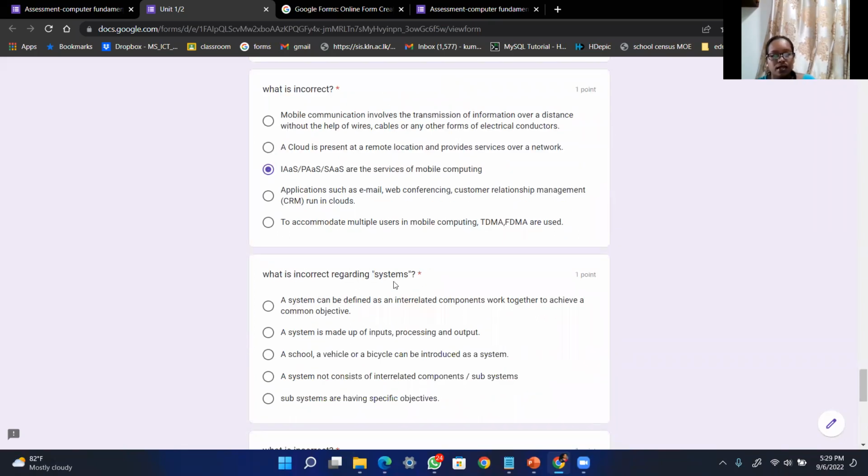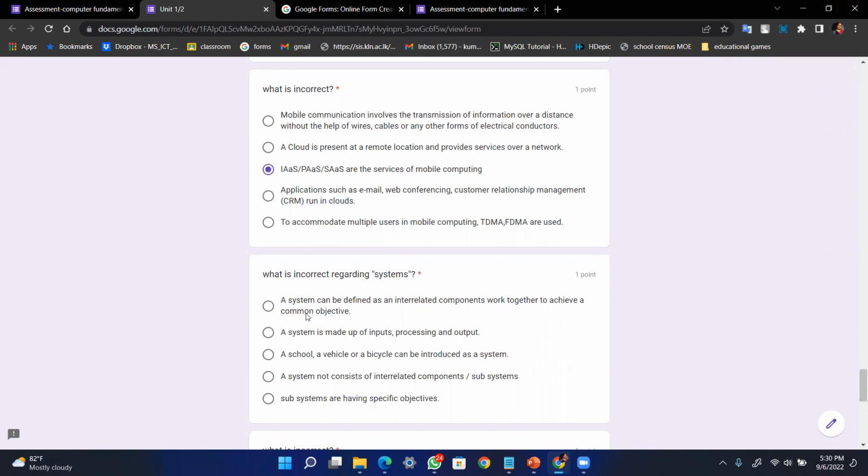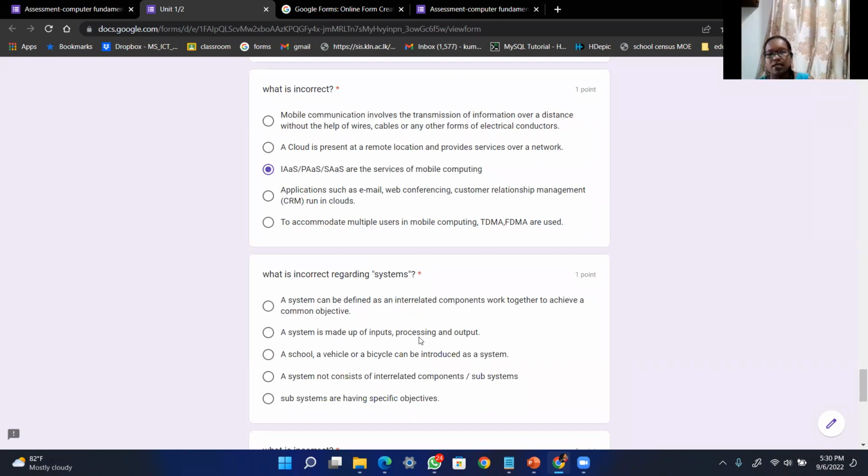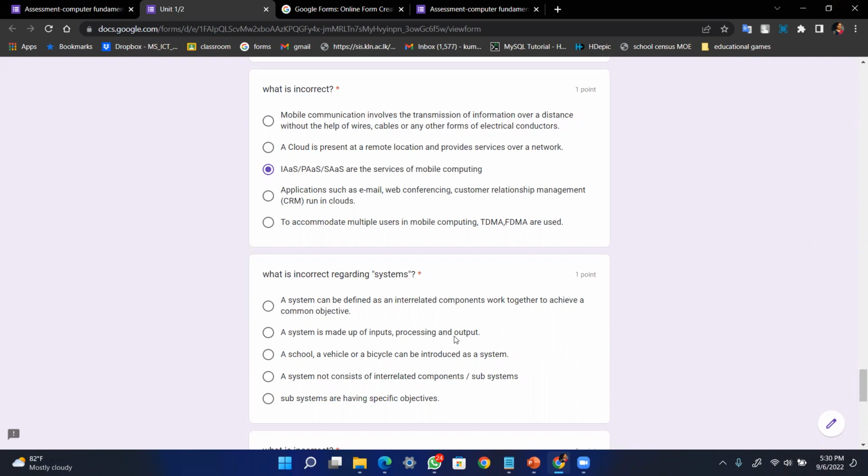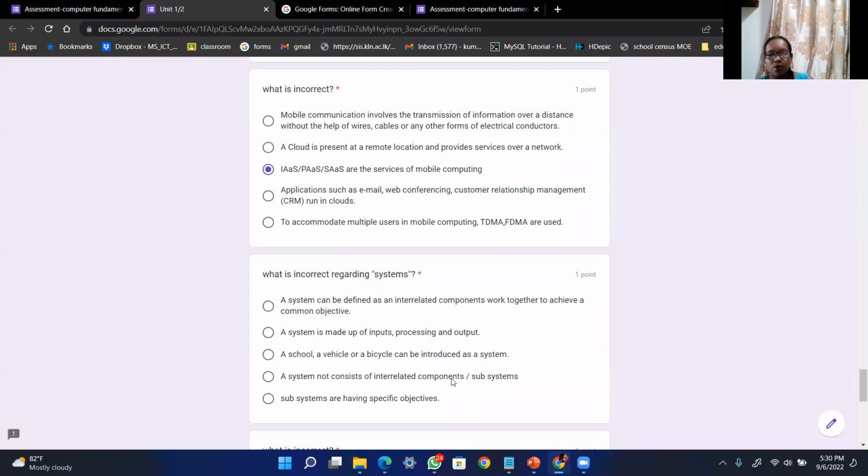What is incorrect regarding systems? A system can be defined as interrelated components working together to achieve a common objective. Correct, teacher. That is the definition of the system. A system is made up of input, processing, and output. Correct. A school, a vehicle, or a bicycle can be introduced as a system. Yes. A system does not consist of interrelated components or subsystems. False, teacher.